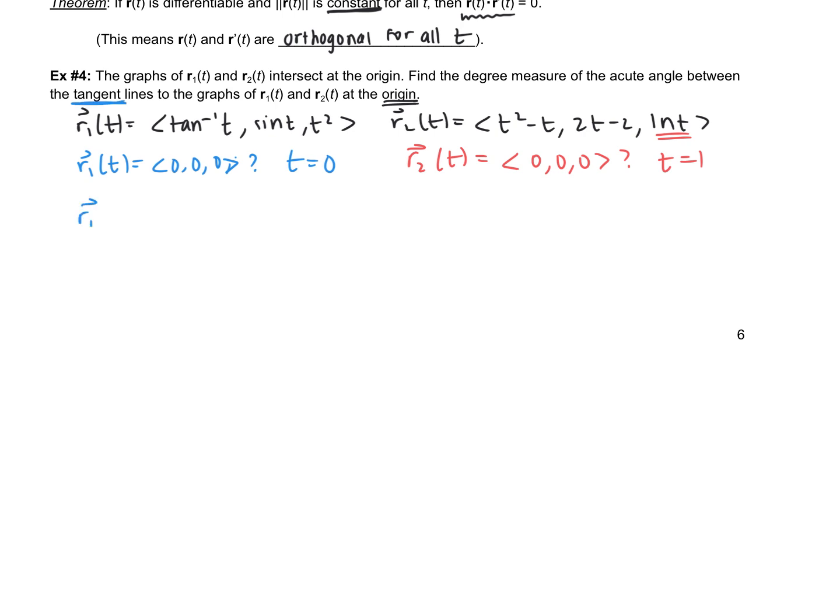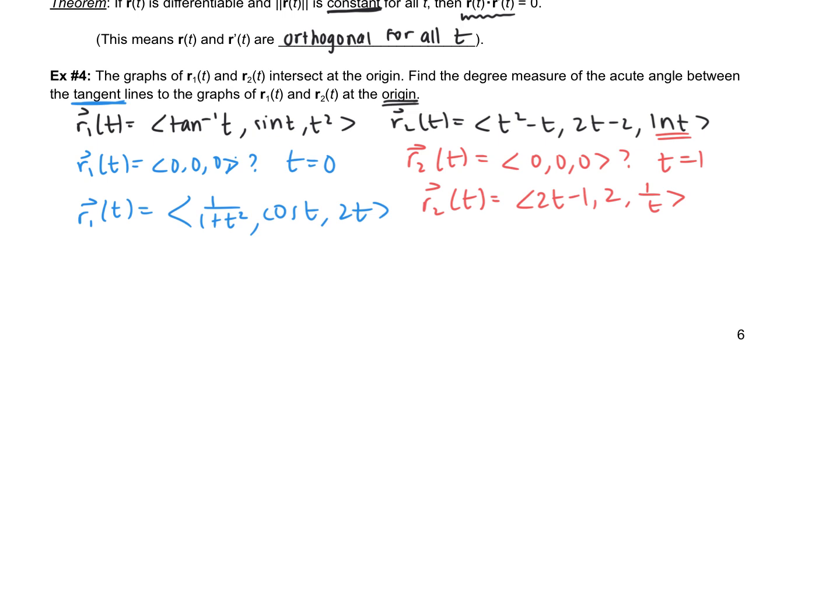So the derivative of our first vector valued function, do we remember the derivative of inverse tangent? Maybe, maybe not. It's 1 over 1 plus t squared. And then we get cosine of t and 2t. For our r2 prime of t, we get 2t subtract 1, 2, and 1 over t.